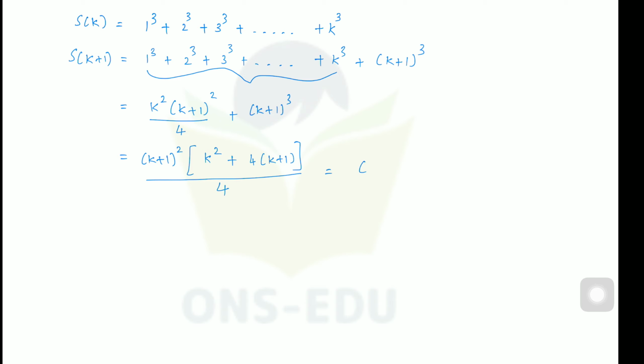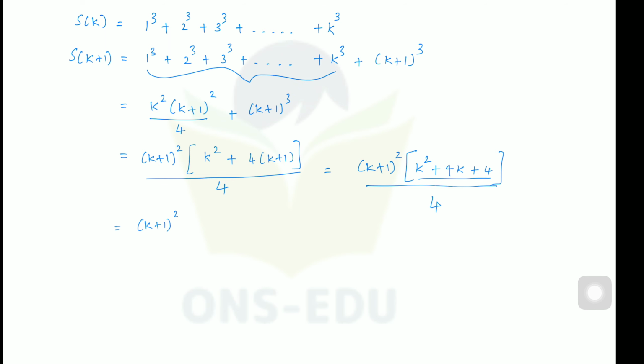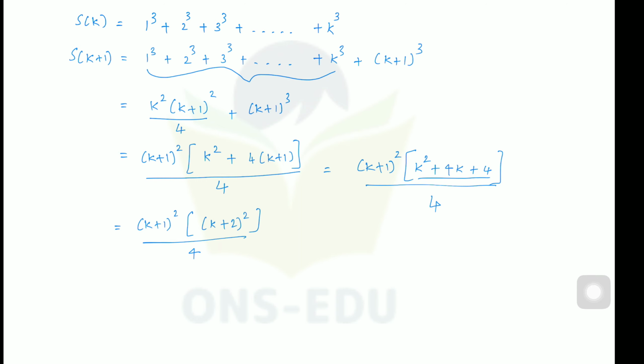This is nothing but k plus 1 whole square times k square plus 4k plus 4, by 4. As we can see, this is nothing but k plus 2 whole square, right? If we expand k plus 2 whole square, we get k square plus 4k plus 4.